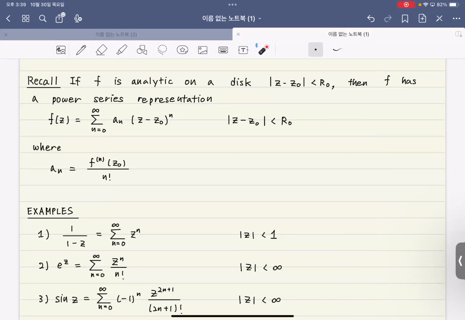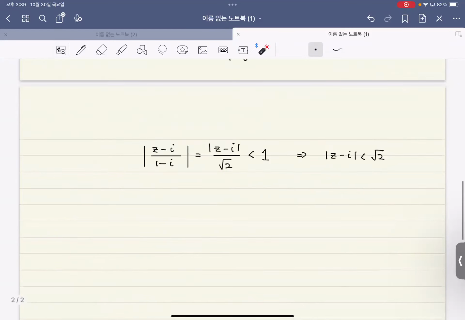This is what we proved in my last lecture. And what I will say is that the function represented by a power series should have a Taylor series expansion, and that Taylor series should be identical to its own power series. Which is somehow the converse of this statement. All right.